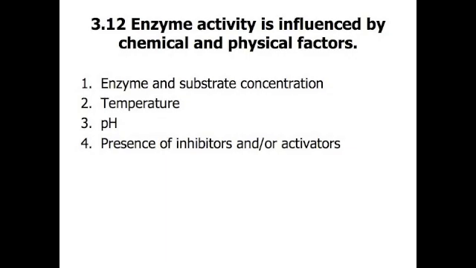Fourth is the presence of inhibitors. Inhibitors, which reduce enzyme activity, come in two types. Competitive inhibitors bind to the active site, blocking substrate molecules from the site and thus from taking part in the reaction.